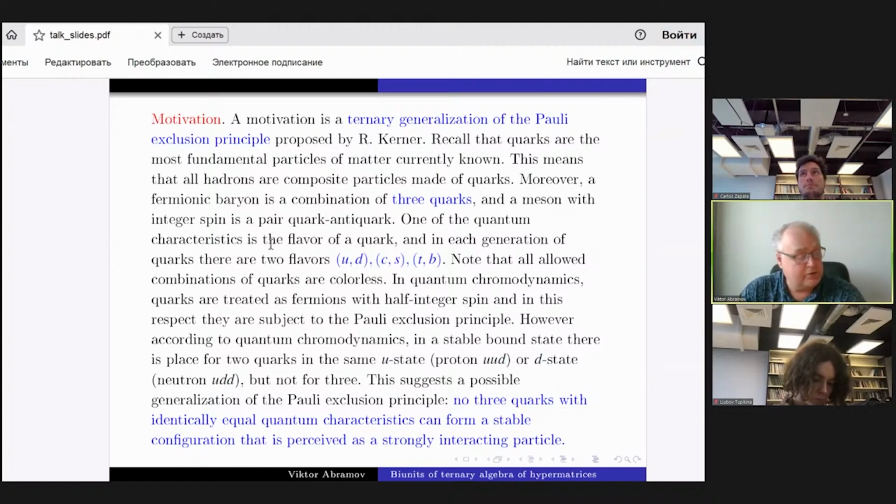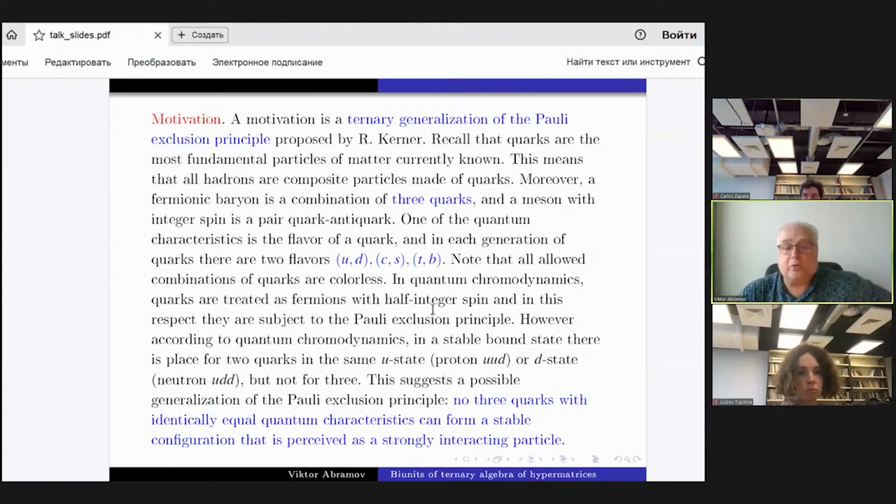And we have 3 generations of quarks, and in each generation we have flavors, which are denoted up, down, charm, strange, top, bottom. And of course, all combinations of quarks should be colorless.